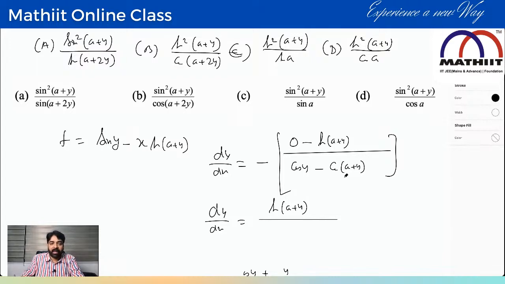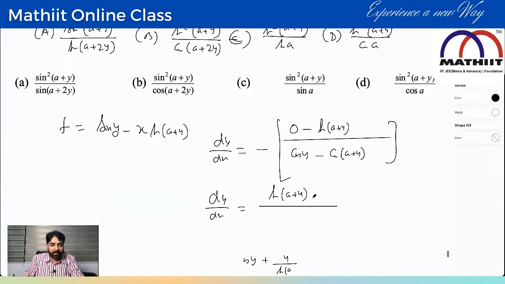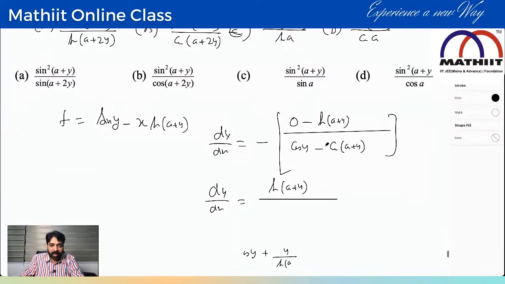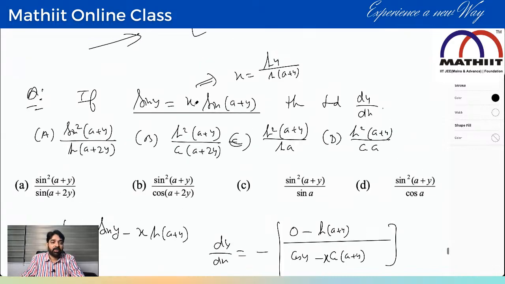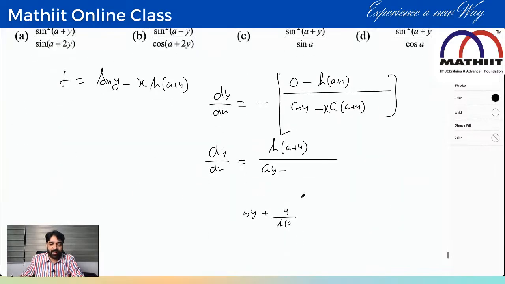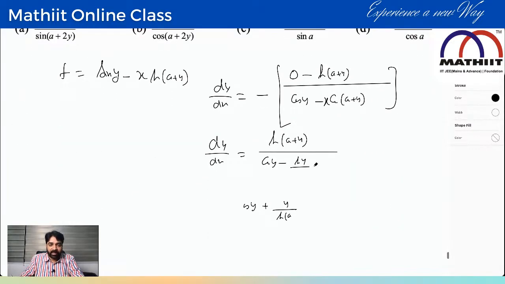So we can apply the cos c minus cos d formula. I did everything correctly, but this time I'm getting doubts. X will be here. Yeah, so cos y minus x cos y. Oh, x again we have to put back. No other choice. So x equal to sin y by sin(a plus y), sin y by sin(a plus y) into cos(a plus y).